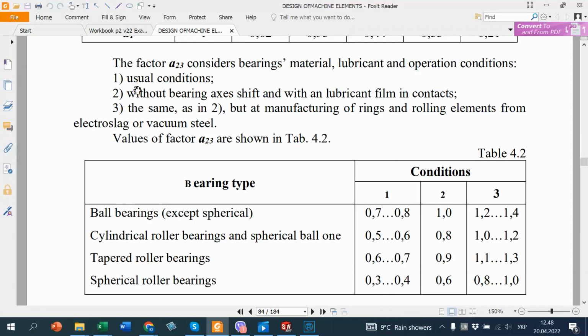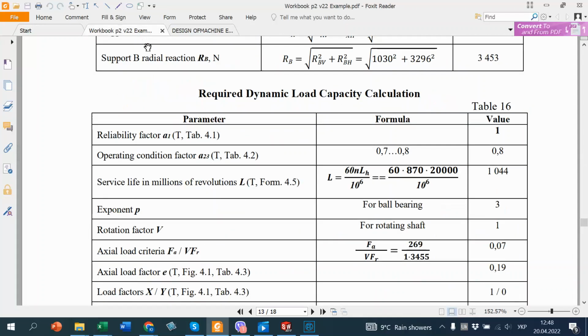If we change the type of bearing, for example to tapered roller bearings, we can use a value from this table. So approximately 0.7 to 0.8. Let's take it as 0.8.